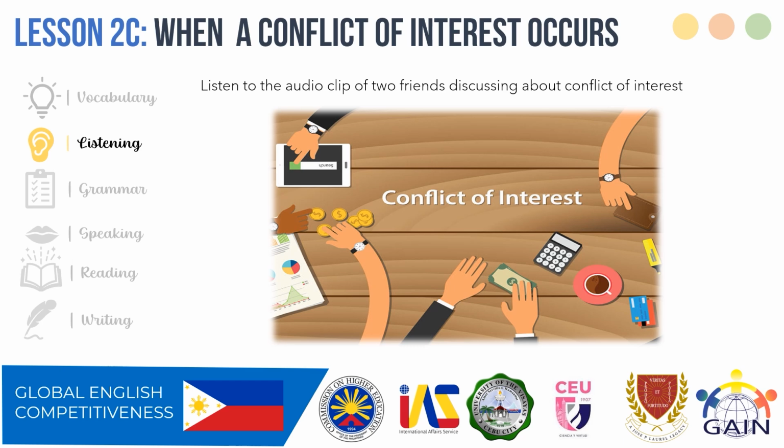Conflict of interest can occur in education and work environments. For example, in school, there's a conflict of interest when a teacher promises good grades in exchange for positive evaluations, even if the teacher is frequently absent. This influences students' judgment and undermines the quality of education they receive.